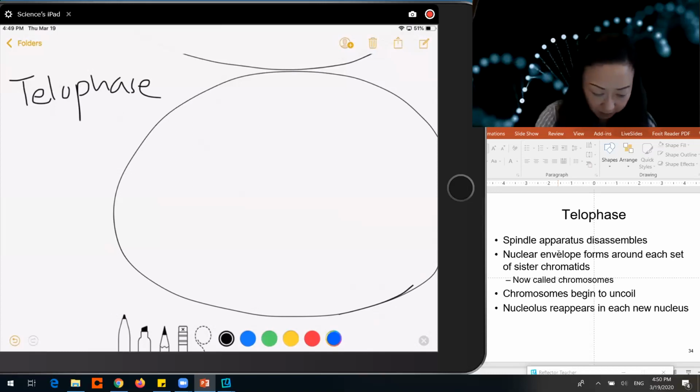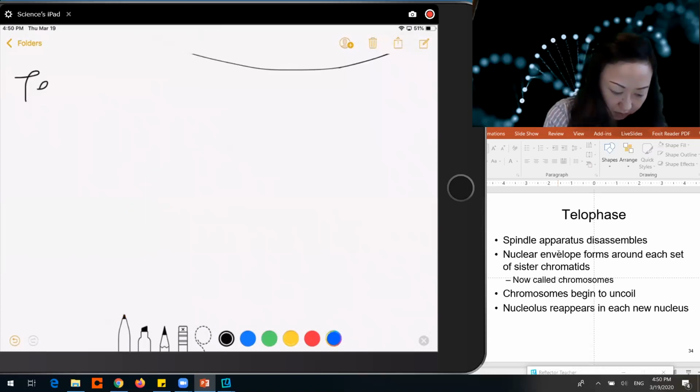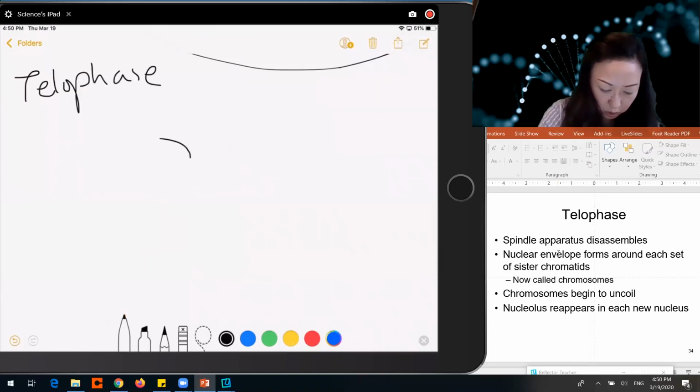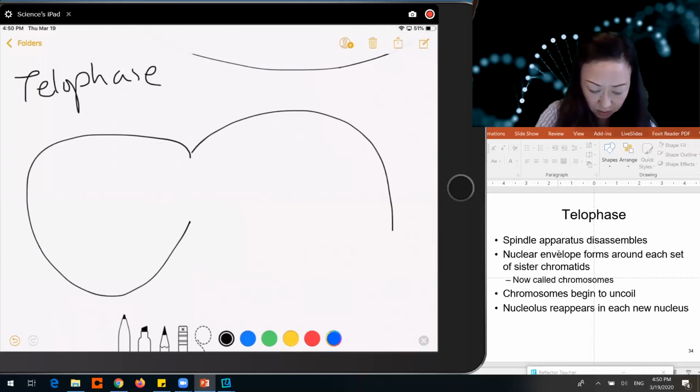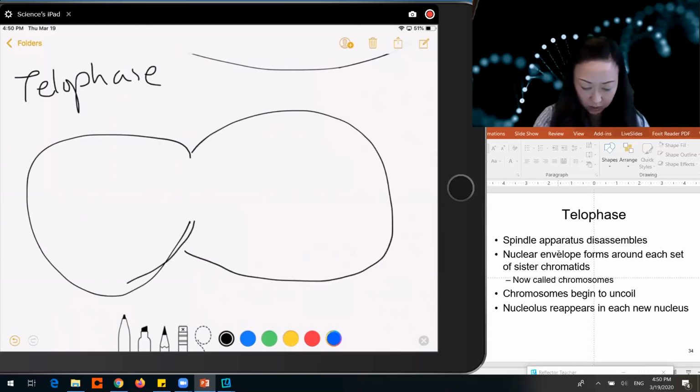That means what? My spindle fiber is going to become shorter. Okay, I really shouldn't be drawing out telophase like this. Let me draw again, because really they're becoming two cells. So that wasn't a good portrait. I'm going to make them two cells, and they're now almost on the opposite sides, okay?